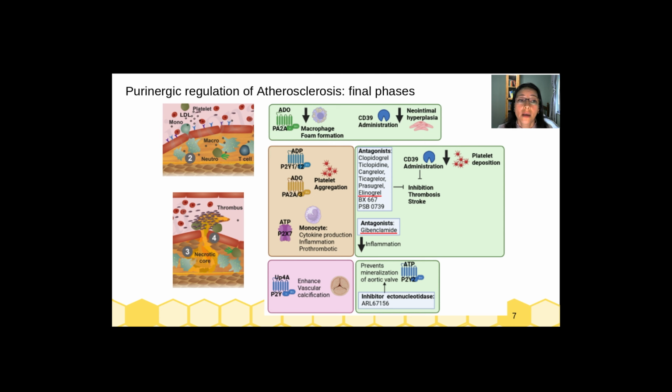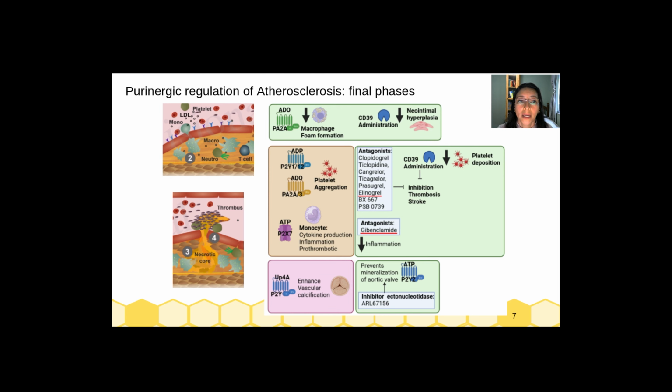For instance, clopidogrel, ticlopidine, ticagrelor, and others. Also, CD39 administration decreases platelet deposition, while antagonists of P2X7, such as oxidized ATP, decrease the inflammation.